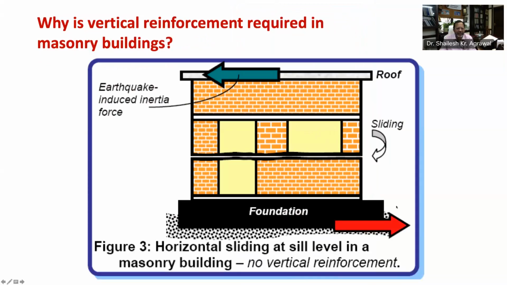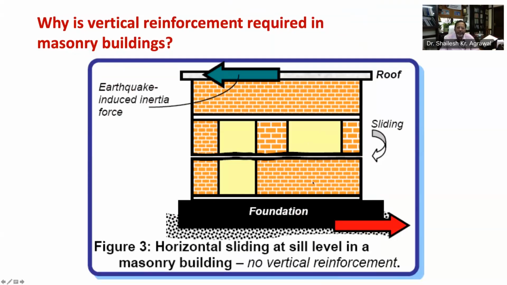Let's see now this figure number 3, which shows an unreinforced masonry building. The cross-sectional area of masonry wall reduces at the openings. During strong shaking, buildings may slide under the roof or below the lintel band or at the sill level.